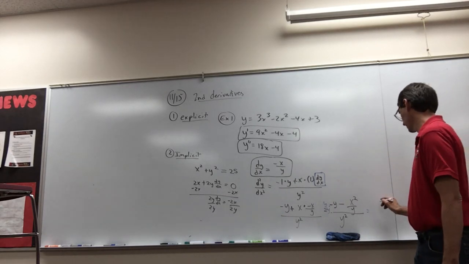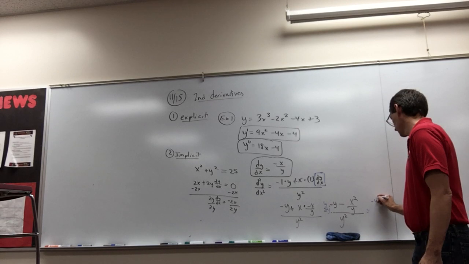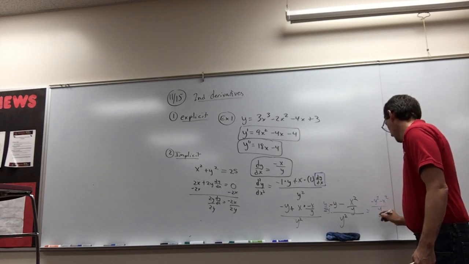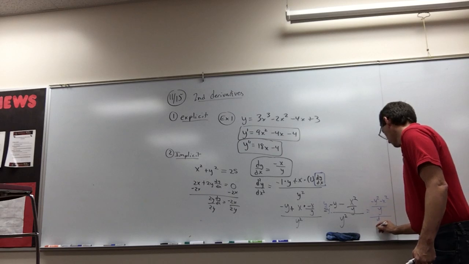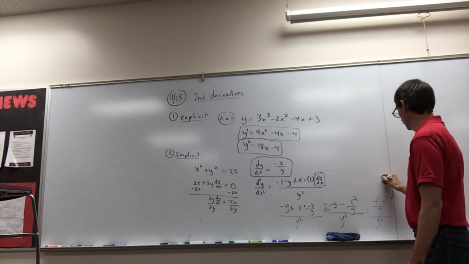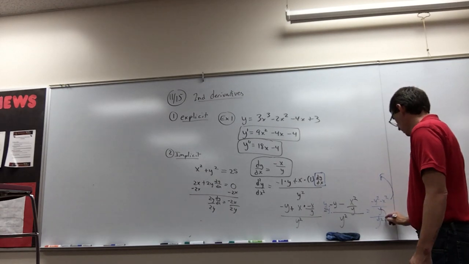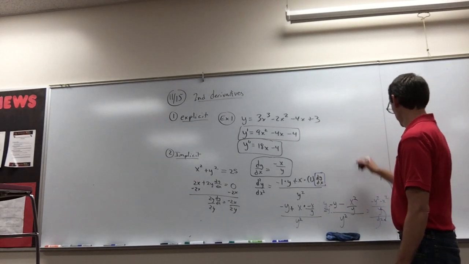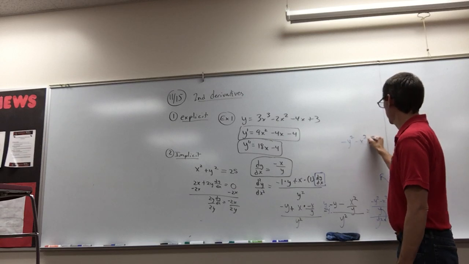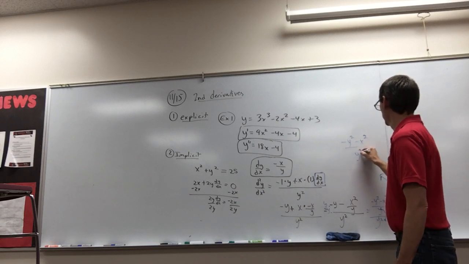So there's one single fraction: negative y squared minus x squared over y, and this is still over y squared. And because of that, now I can put this y into the bottom. And so we end up with negative y squared minus x squared all over y cubed.